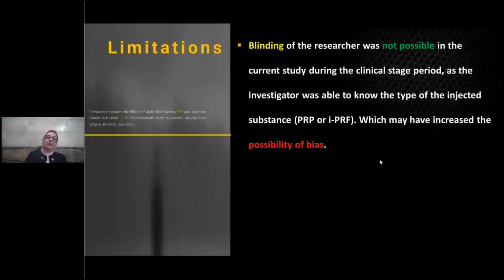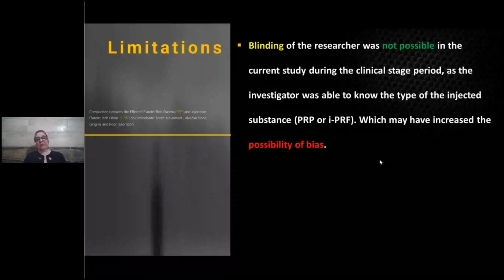Then we started to inject before canine retraction, which was done by coil spring. And then we have another injection after 8 weeks.